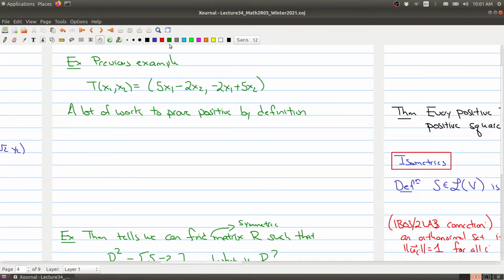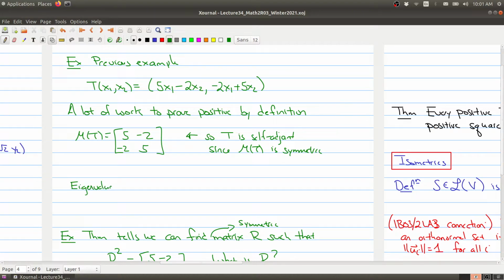So in this example, we would have that T is equal to the matrix 5, -2, -2, 5. So T is self-adjoint since it is symmetric. And we also have that the eigenvalues of T are lambda equals 3 and 7, which are greater than or equal to 0.